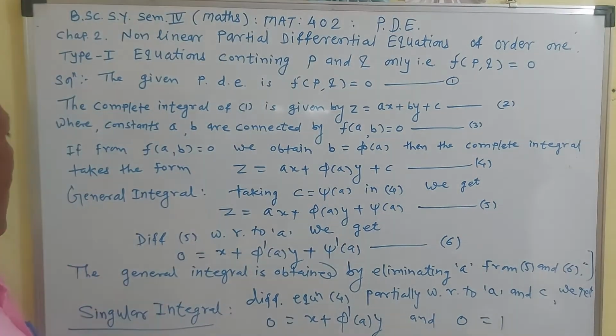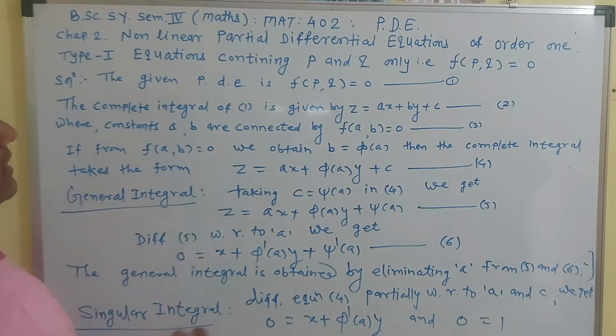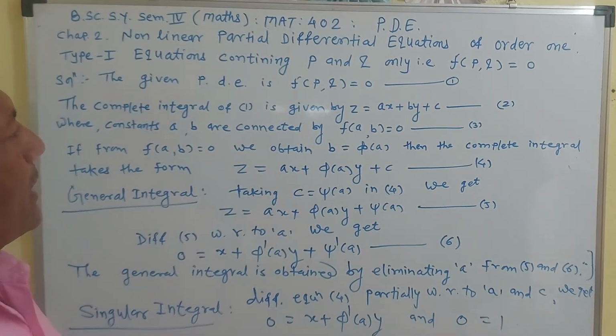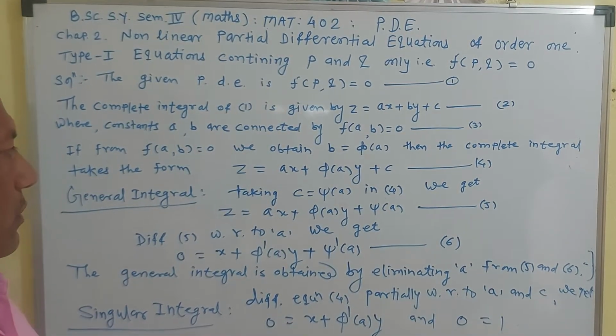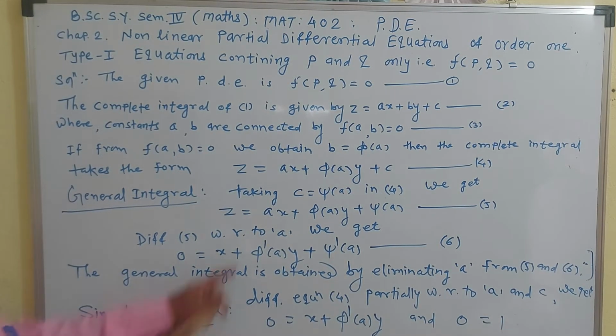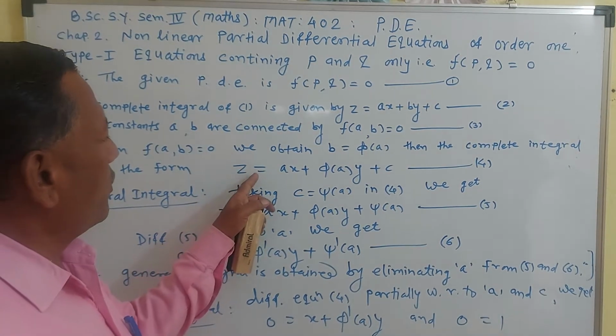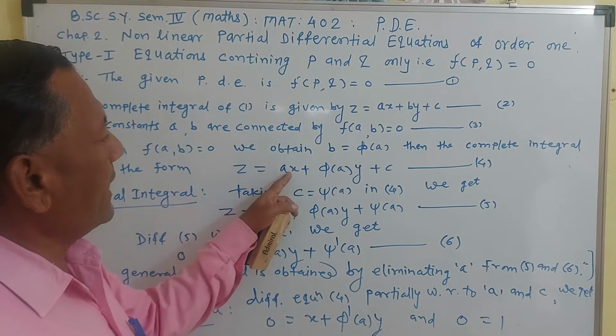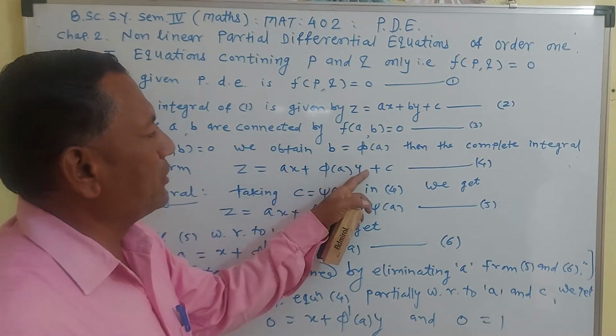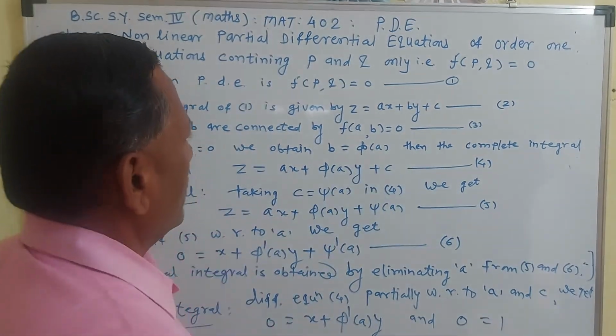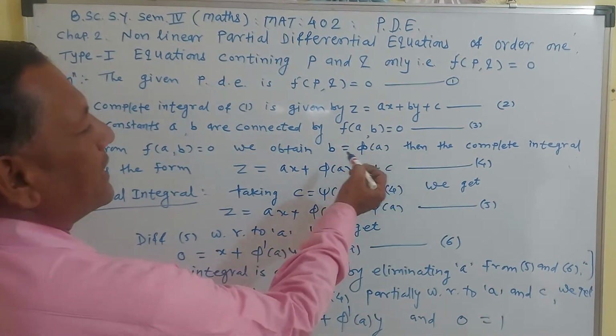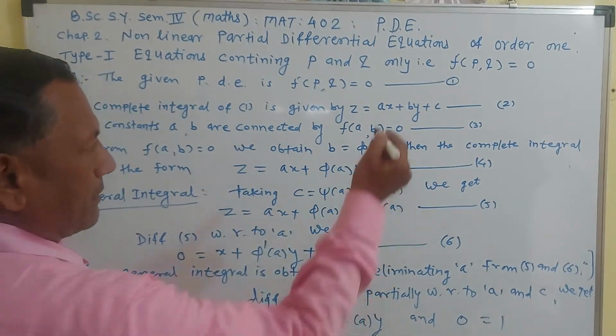Then how do you obtain the general integral of the equation 1, f(p,q) = 0? In equation 4, you see z = ax + φ(a)y + c, where φ(a) is the value of b.